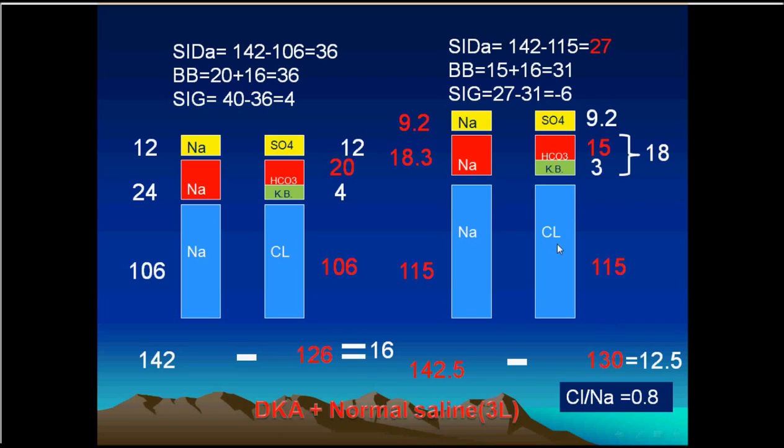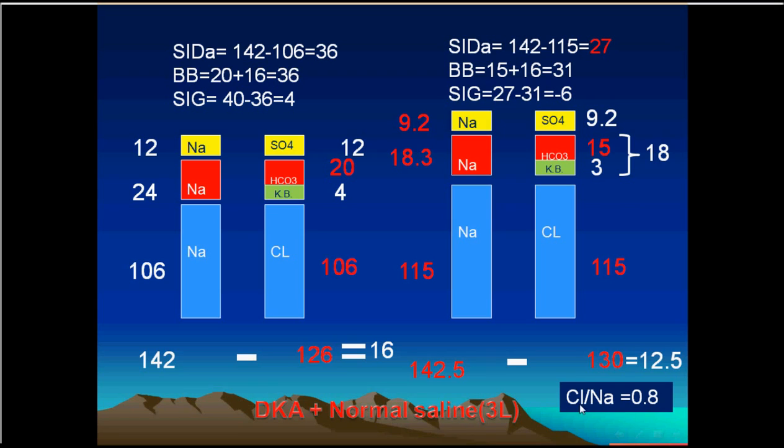And this is hyperchloremic. Normally the ratio between chloride and sodium gives you 0.74, but here the chloride load led to an increase in the ratio, and instead of being 0.74 it became 0.8. So this is another clue for the hyperchloremia.